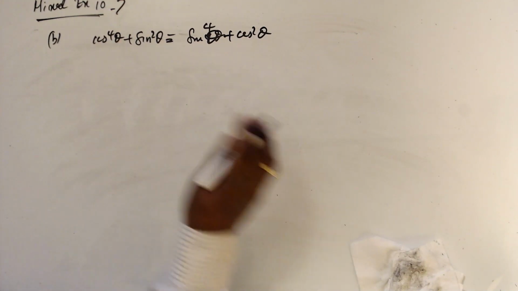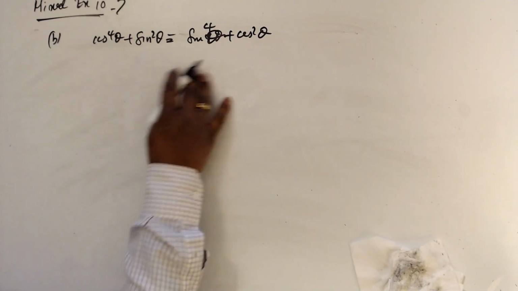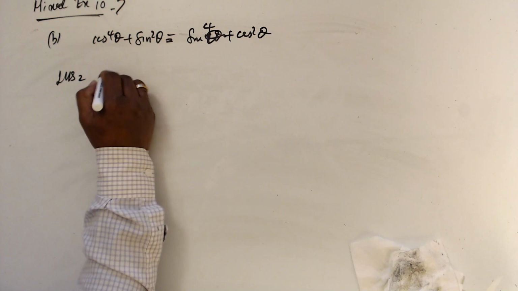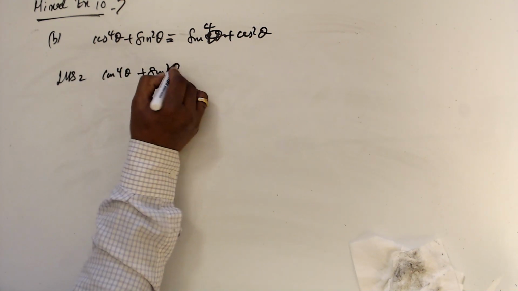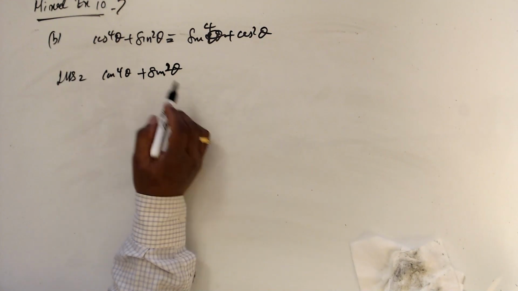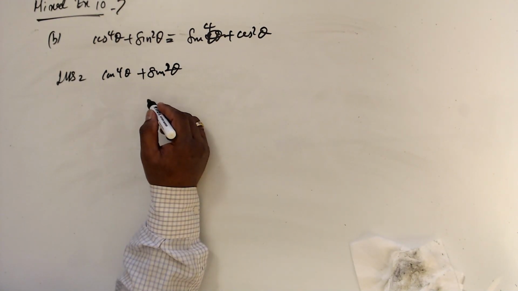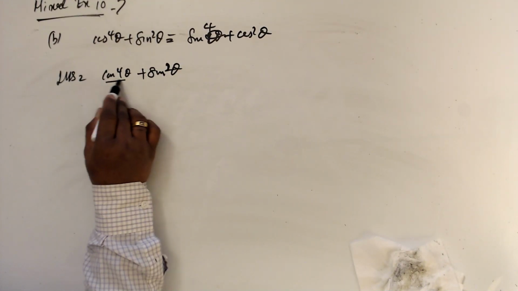We'll start with both sides are same. We can work right to left or left to right, both same. So LHS equal cos 4 theta plus sine square theta. If I write 1 minus cos square theta, it doesn't make any sense. Now I have to deal with this part.